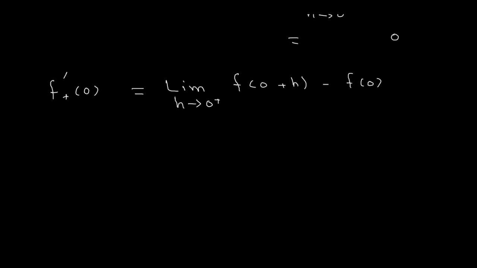This was the left derivative, and so the right derivative will be equal to f prime of 0 plus, the limit as h approaches 0 plus of f of 0 plus h minus f of 0, divided by h.